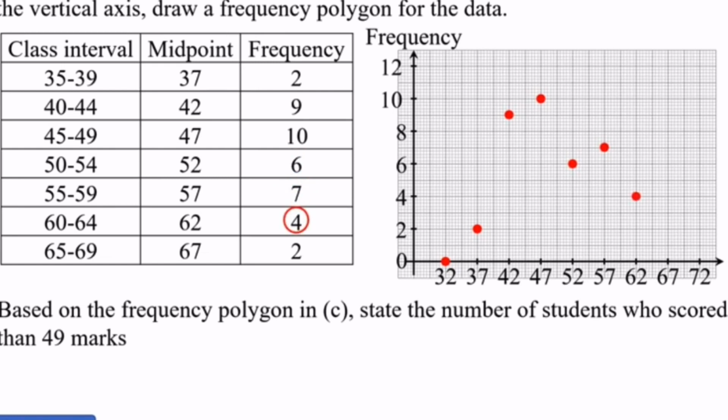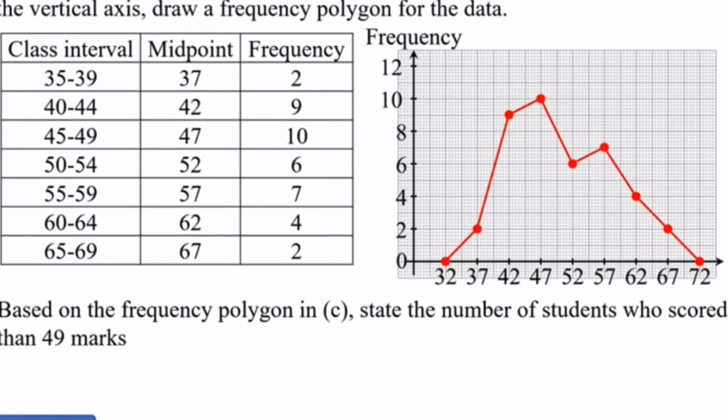37 is 2, 42 is quite high at 9, and then we have the peak at 10, which is 45 to 49, and then 50 to 54 goes down, and then 60 to 64 is 4, and 65 to 69 we have 2.